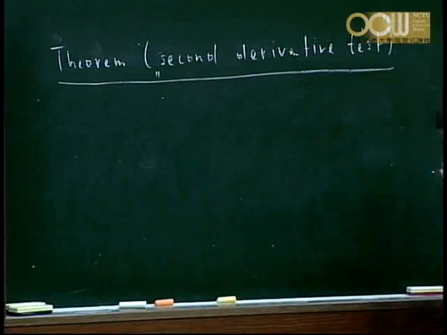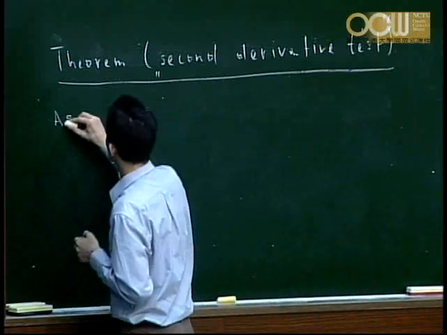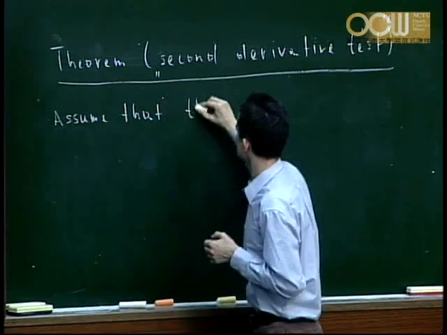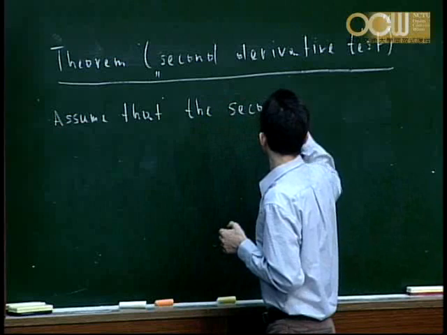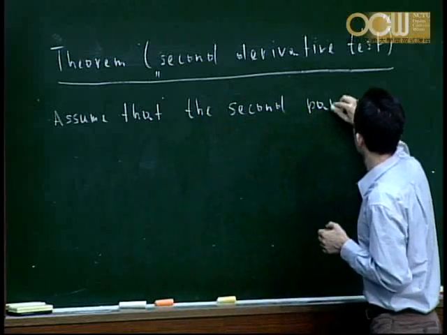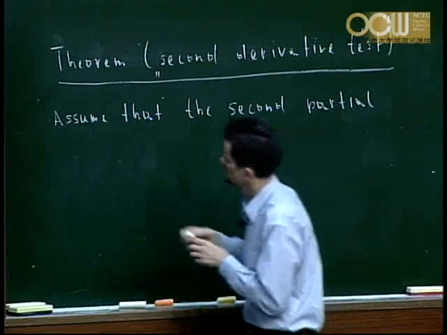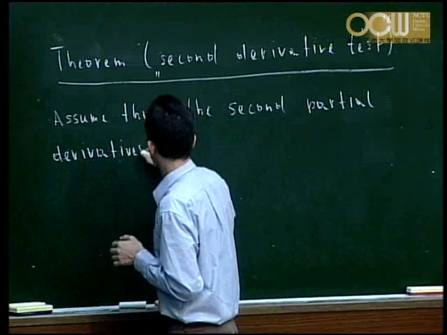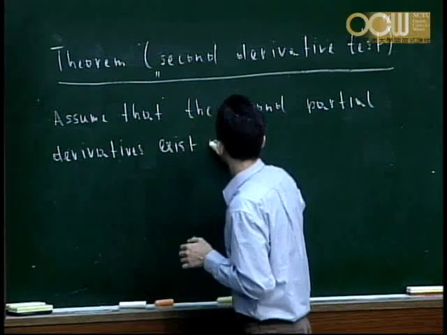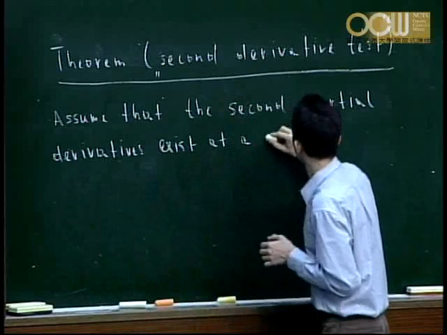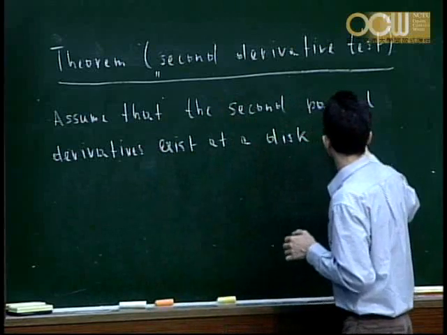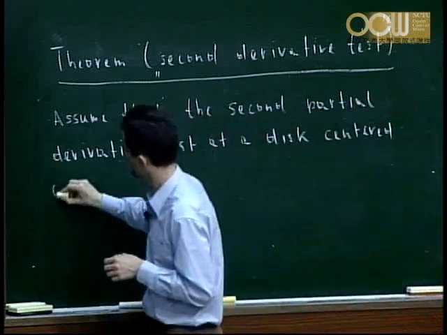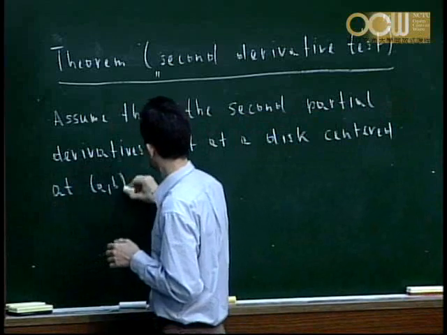So what you assume is, assume that the second partial derivatives exist at the disk centered at (a, b) and are continuous.